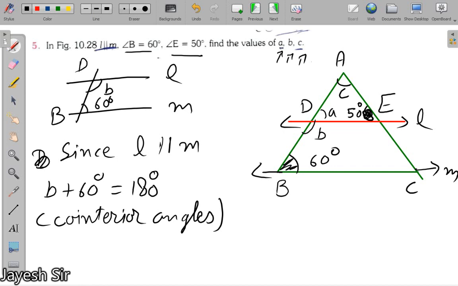You should write down the definitions on one separate page. Keep it in front of you whenever doing questions of this exercise, of this chapter, or any chapter of geometry, because I will be using the same terms again and again, and every time you should look at the definition or at least the diagram of the co-interior angles so that you can clearly understand what co-interior angle means. This exercise has 15 questions, and for each and every question there will be co-interior angles, corresponding angles, linear pair.